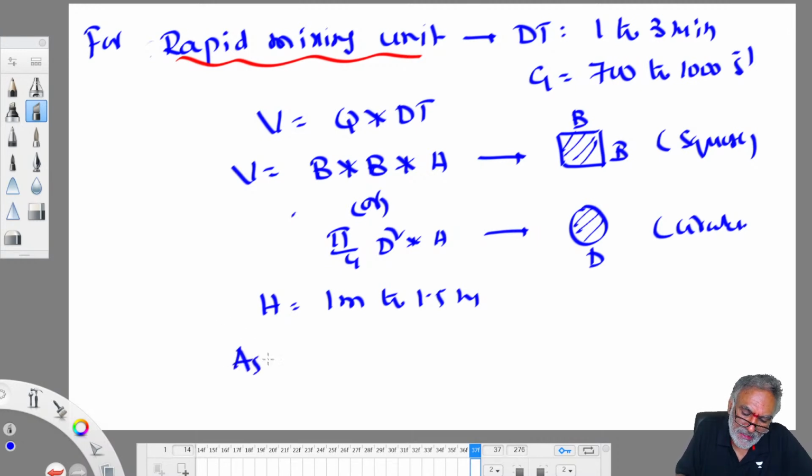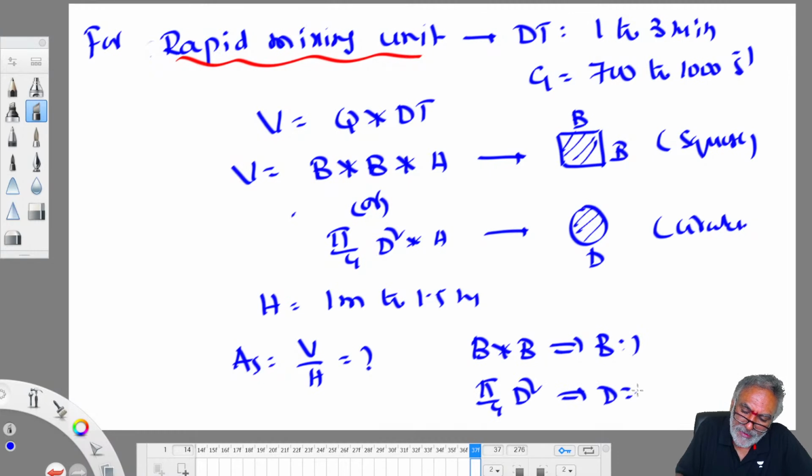So surface area is equal to volume by depth. So B into B is the surface area for square type tank. So from this we can find out B value. For circular tank it is diameter, we can work out. Okay. Surface area for square tank is B into B.